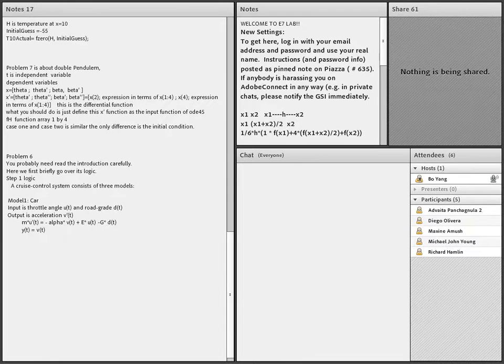And alpha, capital E, and G are just constants. And y is the velocity of the car, and y prime is the acceleration. It means if we know the throttle angle and the road grade, we can calculate the acceleration of the car.